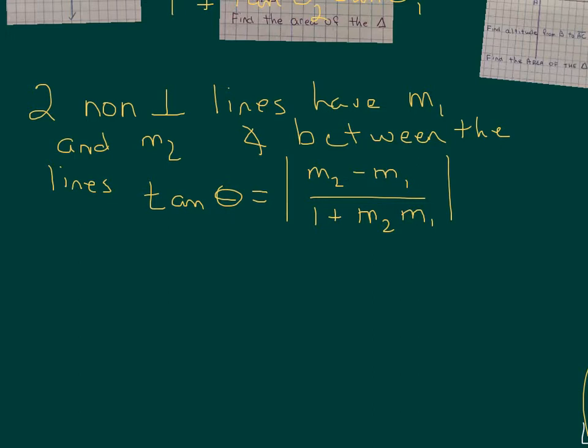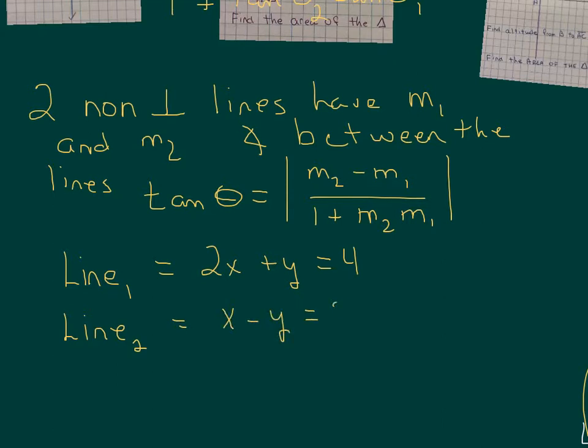So let's look at an example. If line 1 is 2x plus y equals 4, and line 2 is x minus y equals 2. Now we know we can solve for y to find the slope, or you might remember that slope is equal to negative a over b.